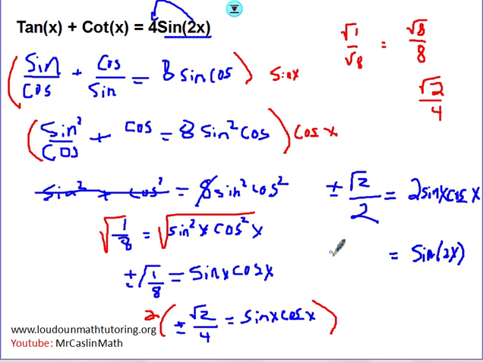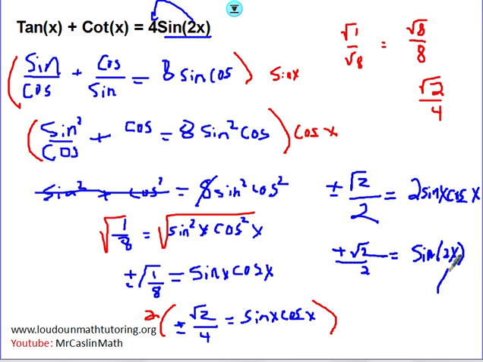Okay, so we know that 45-degree angles create square root of 2 over 2. So this is saying basically if sine of 2x is equal to square root of 2 over 2, what is x going to be to create a 45-degree angle?